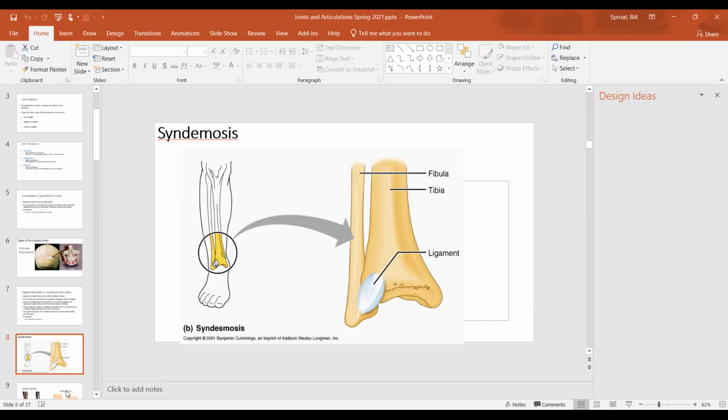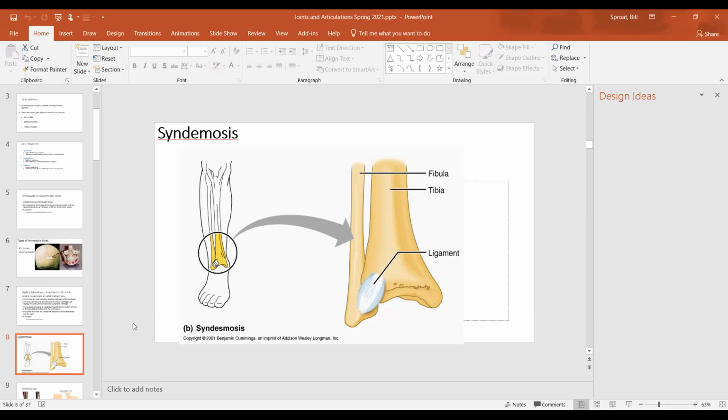The lateral malleolus, the outer structure, what we call the lateral ankle, even though there is no ankle bone. The lateral malleolus forms the outside of our ankle. The medial malleolus on the tibia forms the medial side of the ankle.